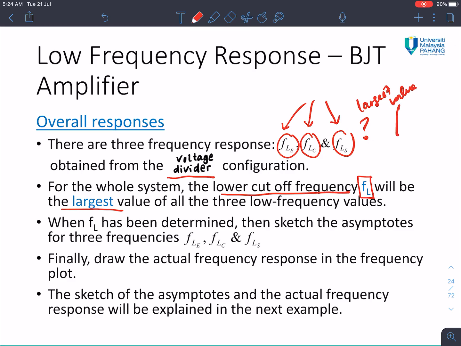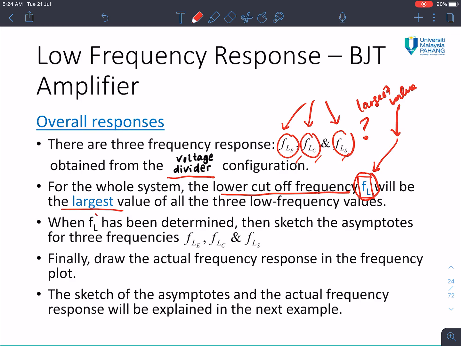The largest value will become the cut-off frequency. At this time we say that this is the frequency response for the low, and the cut-off frequency is this one, either from these three frequencies.